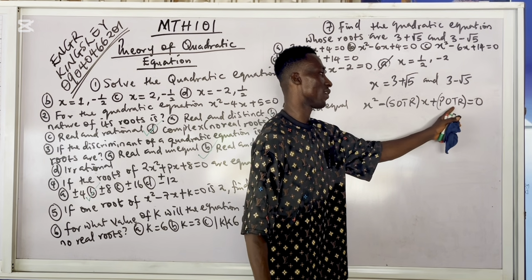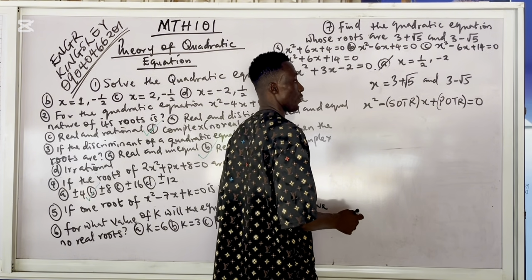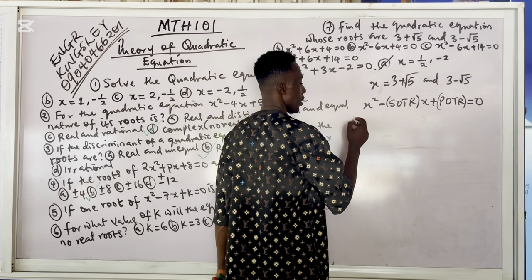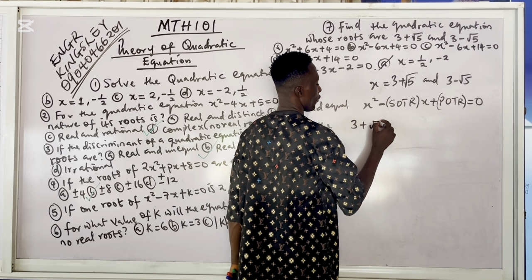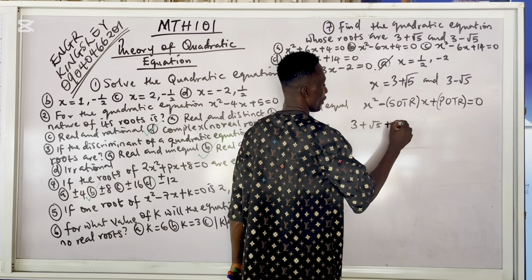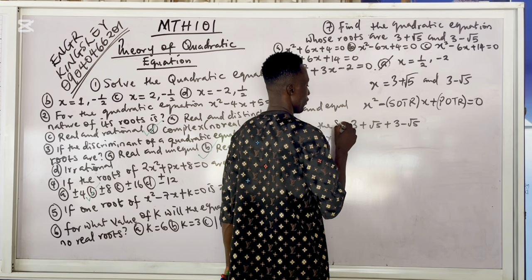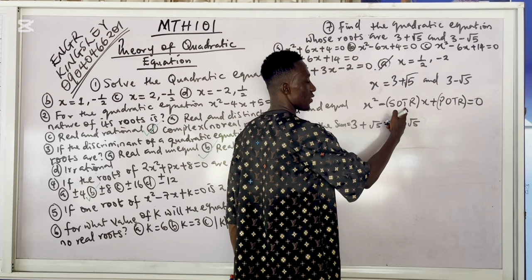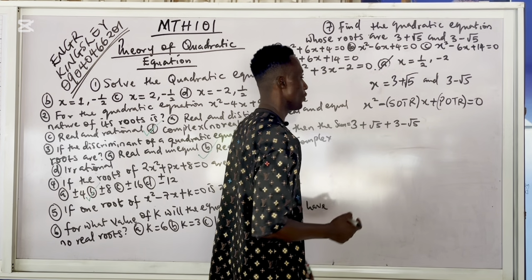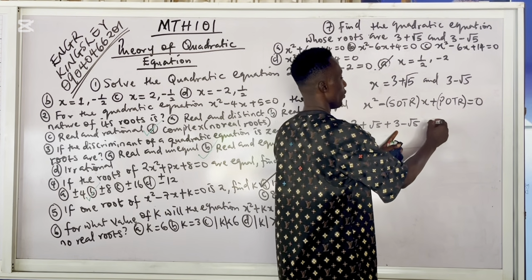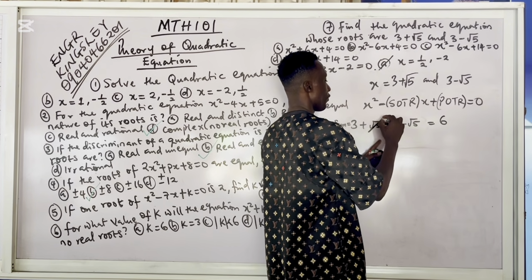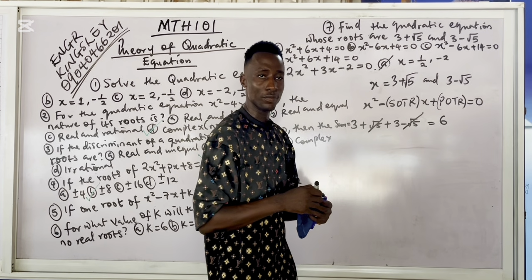We get the product separate so that it will be easier for us to simplify. So you have 3 plus root 5 plus 3 minus root 5. This thing I did is to find the sum. We want to get the sum of the roots. Adding the two roots together, 3 plus 3 will give us 6. Root 5 will go with minus root 5.